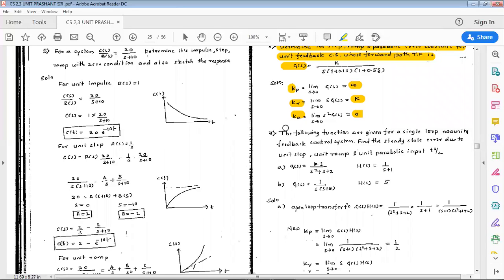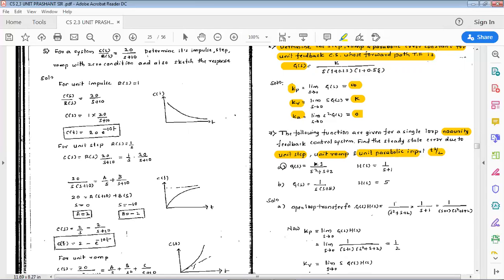The problem statement goes in this way. The following functions are given for a single loop non-unity feedback control system. Remember, it's a non-unity system, which means H(s) will not be equal to 1. Find the steady state error due to unit step, unit ramp and unit parabolic input, that is t square by 2.